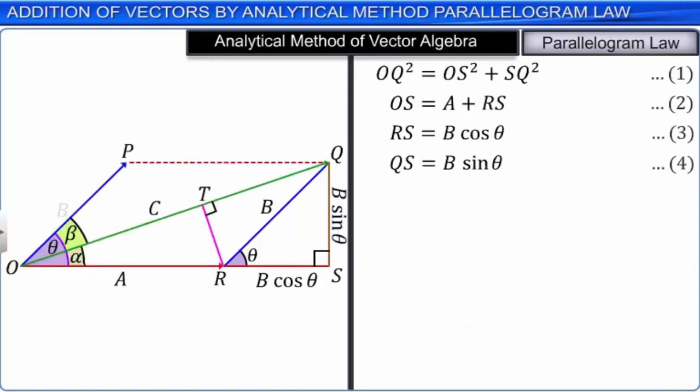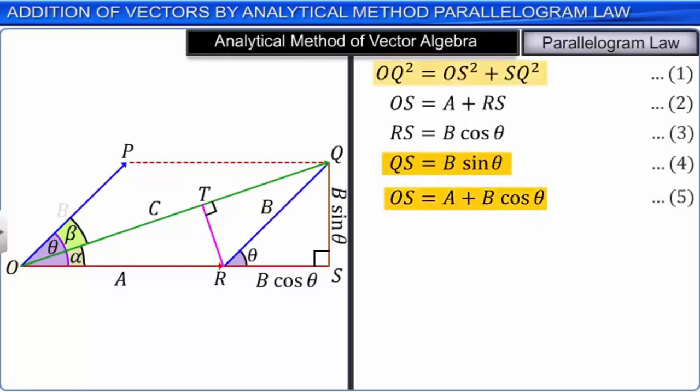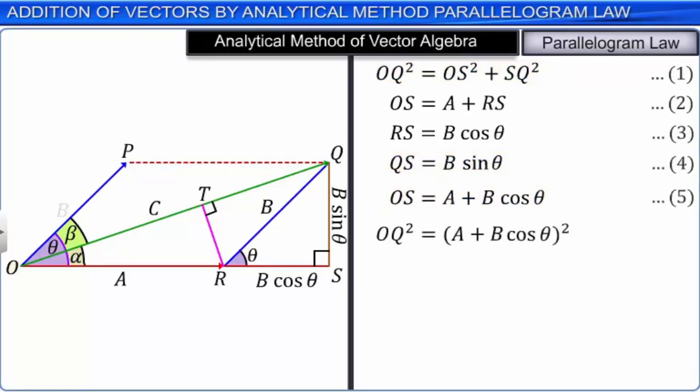Substitute equations 4 and 5 in 1. We get OQ square is equal to (A plus B cos theta) the whole square plus (B sin theta) the whole square, is equal to A square plus (B cos theta) the whole square plus 2AB cos theta plus (B sin theta) the whole square, is equal to A square plus B square (sin square theta plus cos square theta) plus 2AB cos theta.